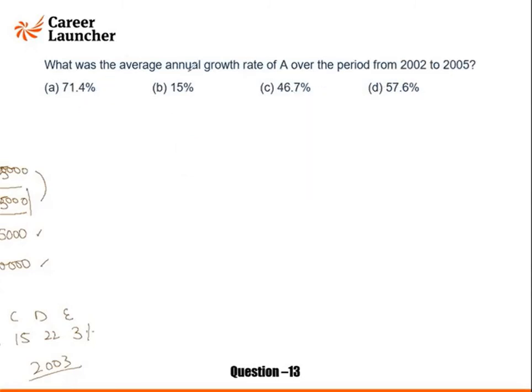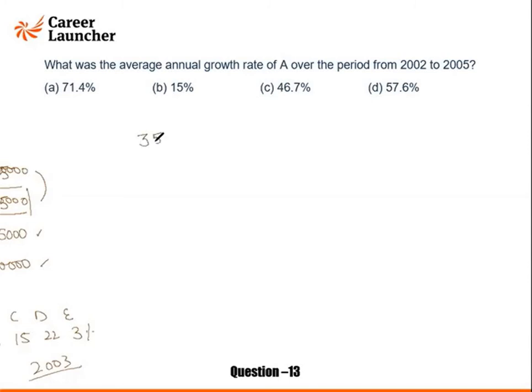It says, what was the average annual growth rate of A over the period 2002 to 2005? So in 2002, the value of A is 25,000. In 2005, the value is 60,000. We will not check this growth and that growth separately and then calculate the average. What we'll do is take the base value and the final value, and then check the growth.